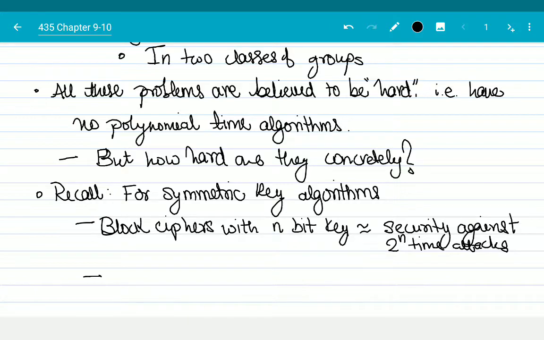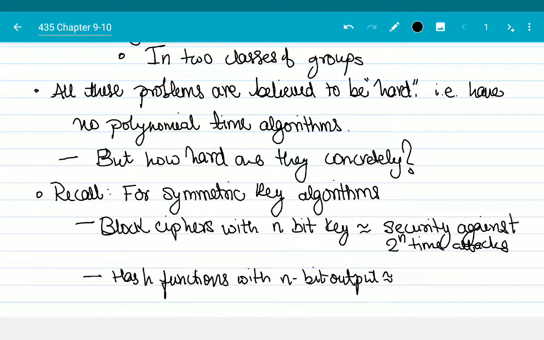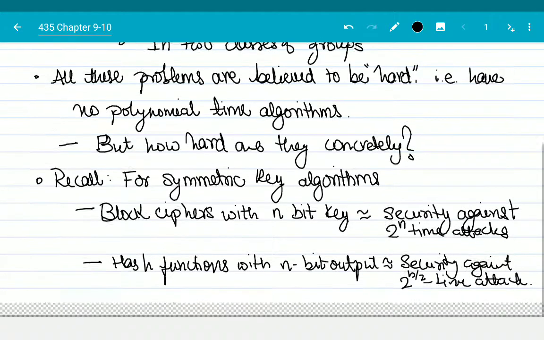Hash functions, on the other hand, the way they were designed with n-bit output, are secure against only a 2 to the n over 2 time attack. This was the birthday problem that we saw.